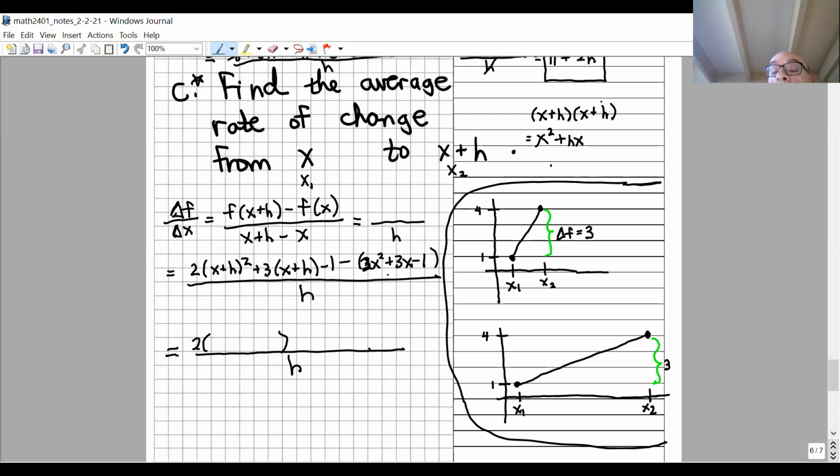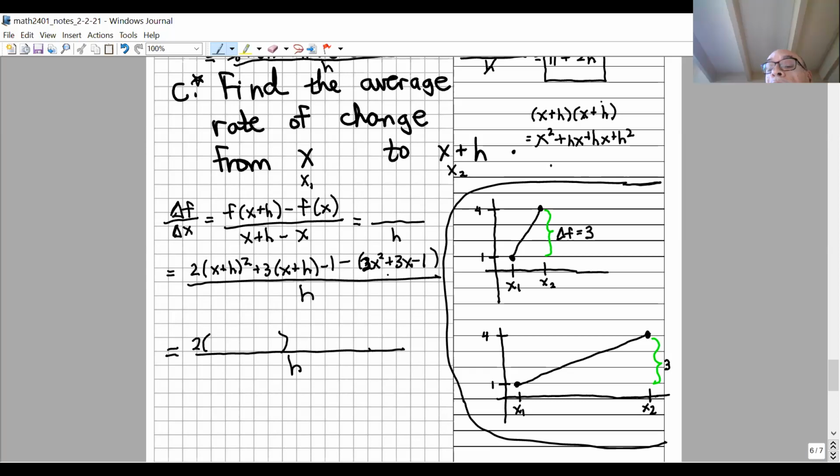I'm going to write it in alphabetical order. There's a reason for that. So you have x times h, and then you have that again, Damien. So you have h times x again, right? Yep. And then h times h, of course, what's that? H squared, right? Okay.